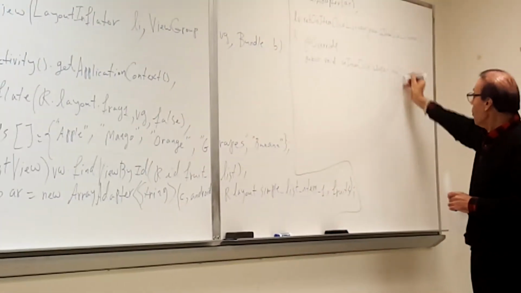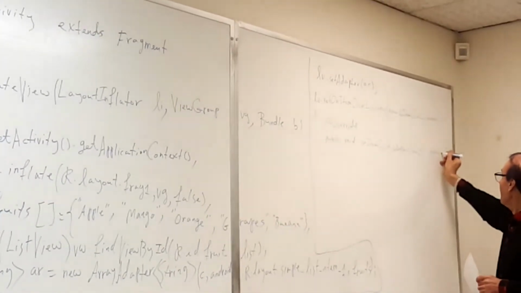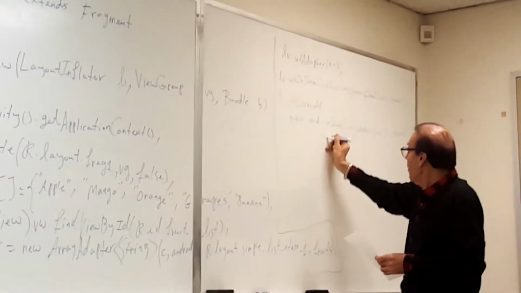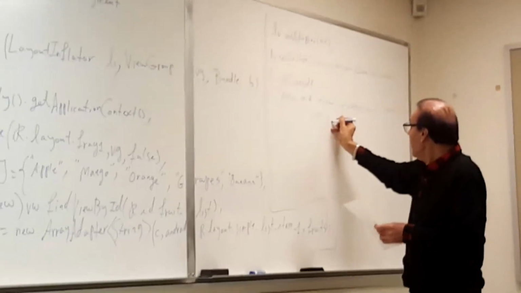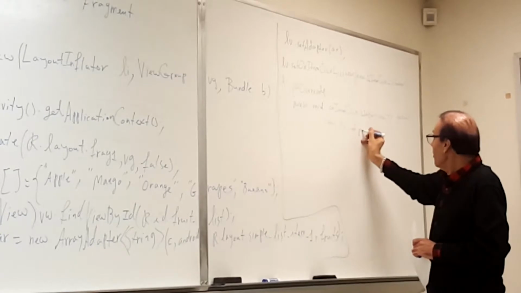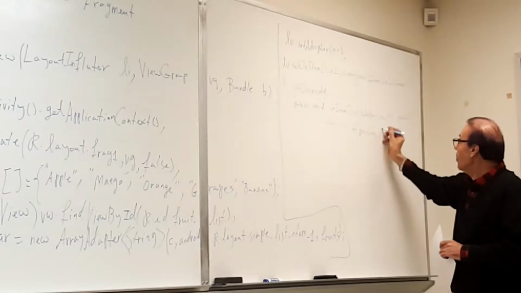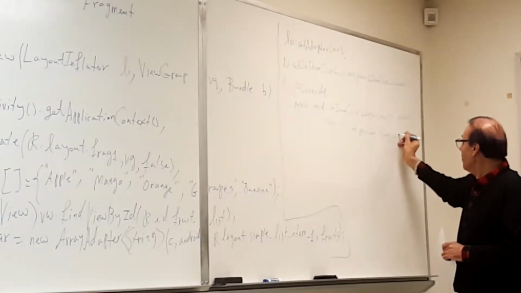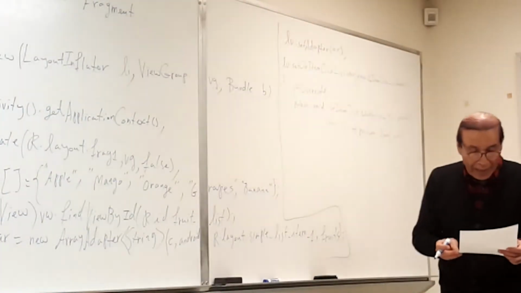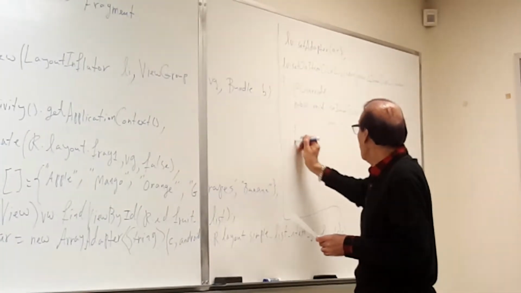That's why we put a question mark, and we call it, let's say, parent, comma. We have View v, int position, and finally we have long id. These are all arguments of onItemClick, and after that we're going to take care of onItemClick.